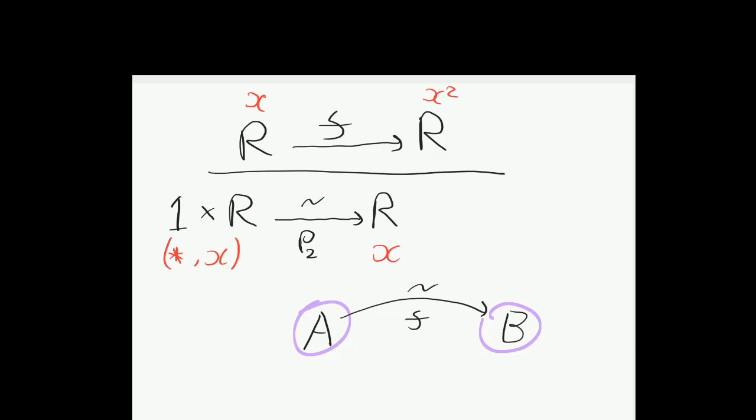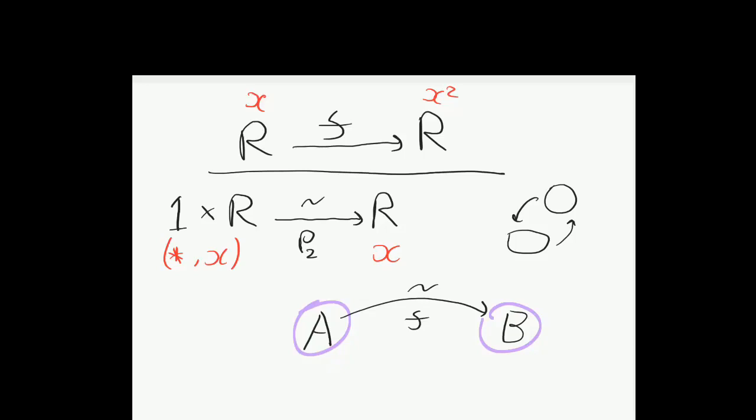For example, if you think about an ellipse or a circle, these are two different spaces, but there's a continuous function from the ellipse to the circle, and there's a continuous function from the circle to the ellipse. So in a sense, these two spaces can be deformed into one another.